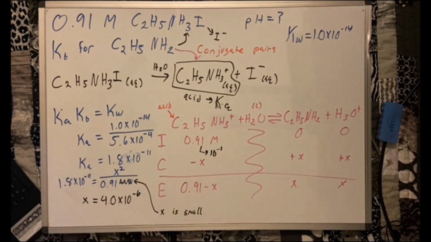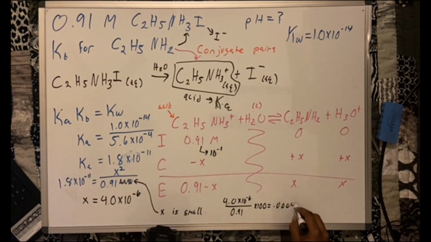All right. Okay, let's check it. Running out of space. That's fine. Let's do it right here. So I'm going to do 4.0 times 10 to the negative 6 over my 0.91 times 100. And what is that? That's 0.0004%, which is definitely less than 5, so we're good.